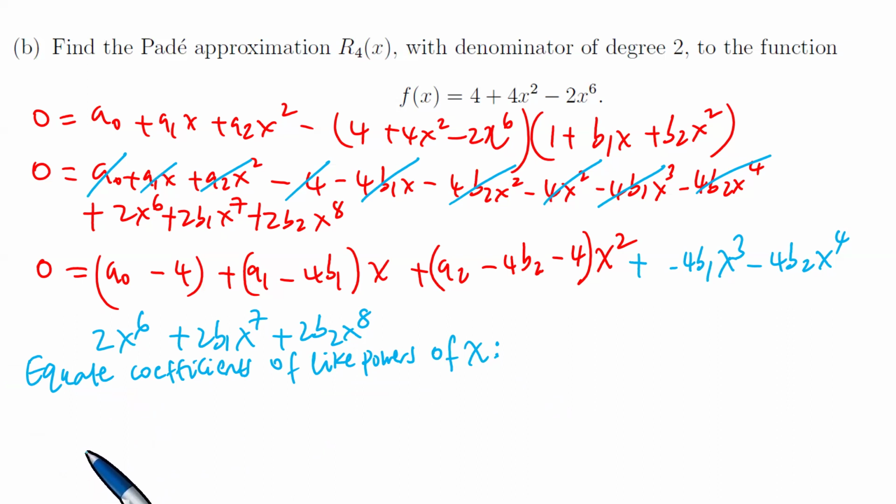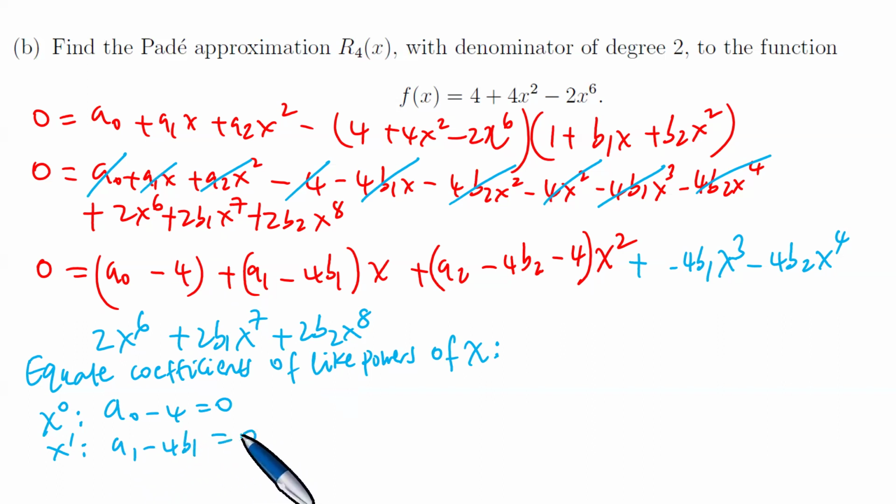Okay, now the x to the power 0 would be the following: A0 minus 4 equals 0. And then now we have x to the power 1, which is A1 minus 4b1 equals 0.